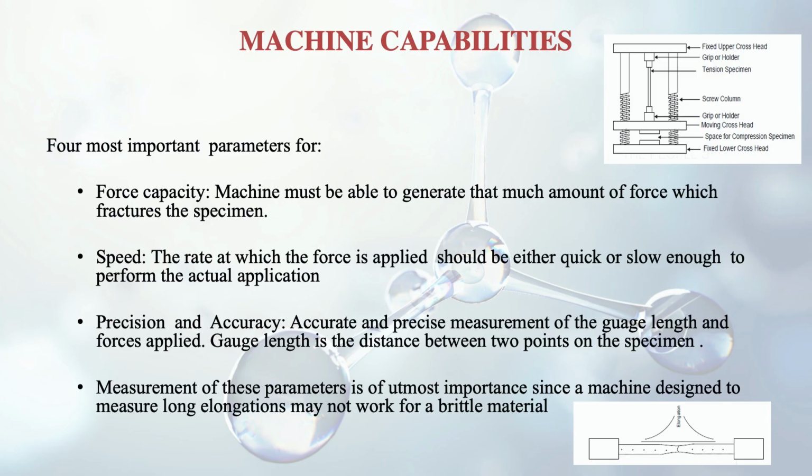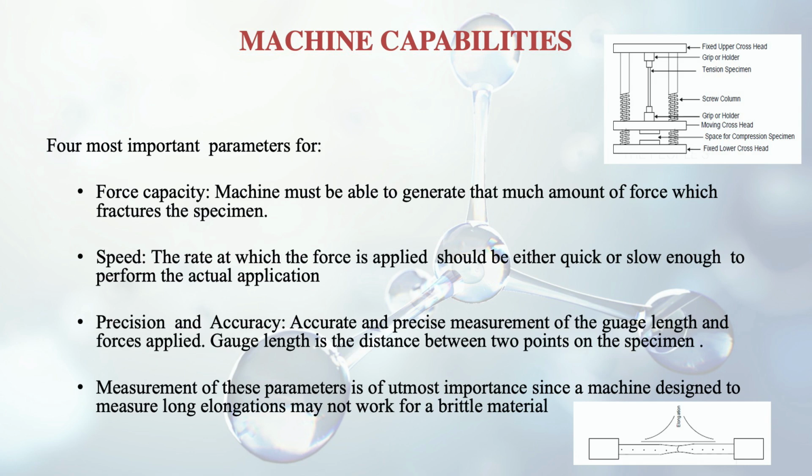So when we do the tension test, we should also know what the capabilities of my machine are. The four most important parameters for this: the first one is the force capacity, meaning how much force the machine will be able to generate, so that we can know which specimen it would be able to fracture or not.